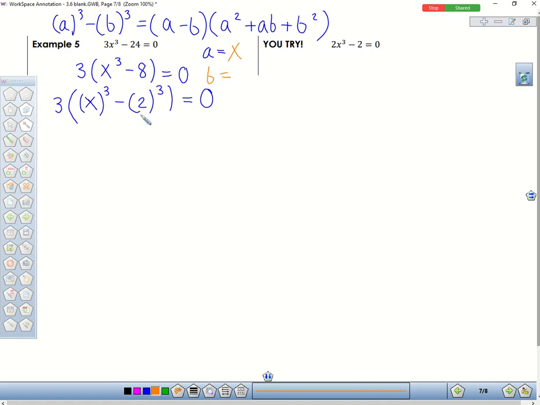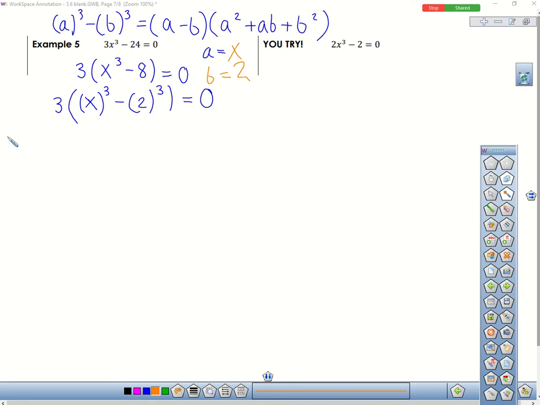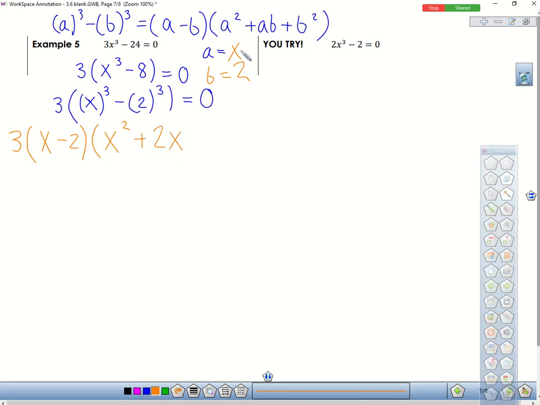And that means my b value is 2. So now I'm just plugging into the formula. This is 3 times a minus b times a squared plus b times a, which is 2x, plus b squared, which is 4, like that. Equals 0.